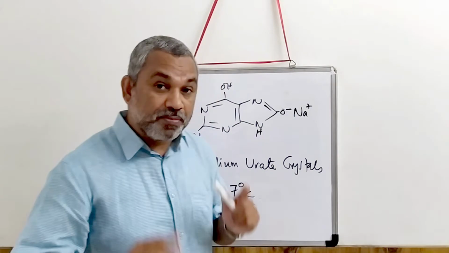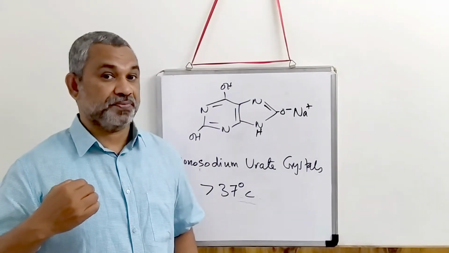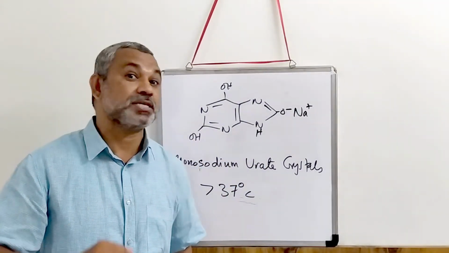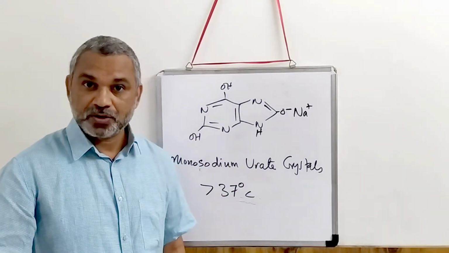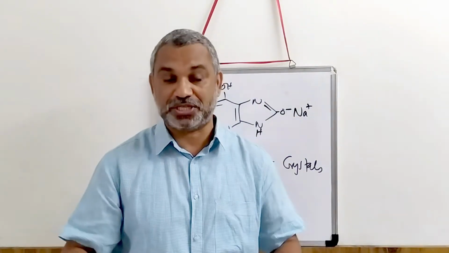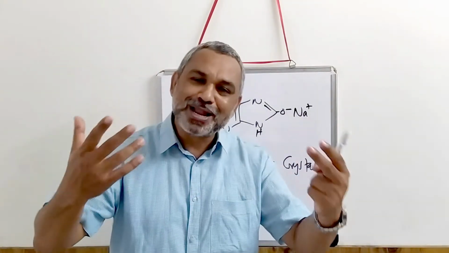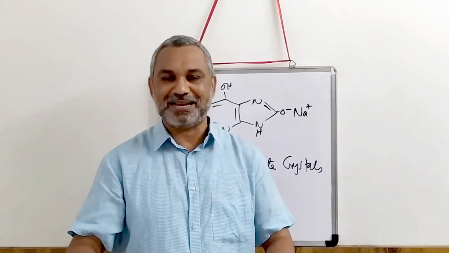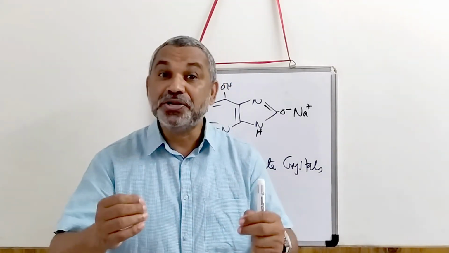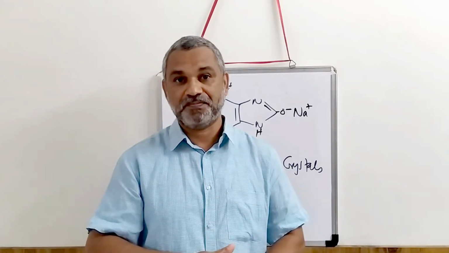So when it gets accumulated, what happens to this? Our immune system will see these sodium urate crystals as a foreign body. So therefore, you have learned about phagocytosis. So phagocytosis begins and all the lysosomal enzymes are released, and the lysosomal enzymes will induce an inflammatory response.